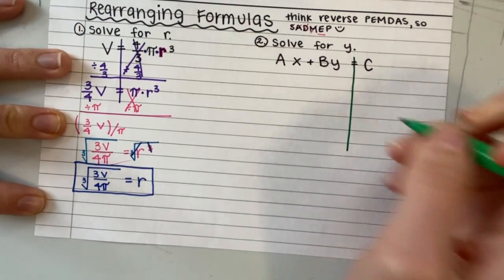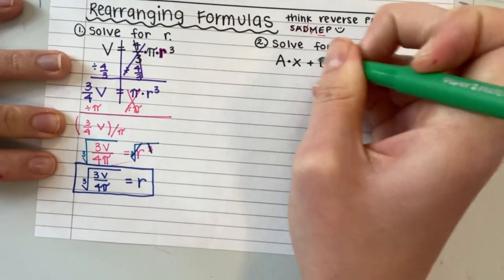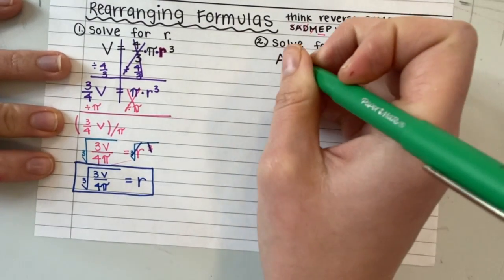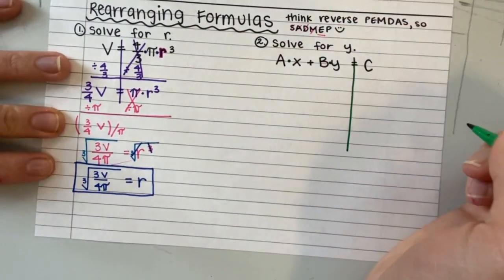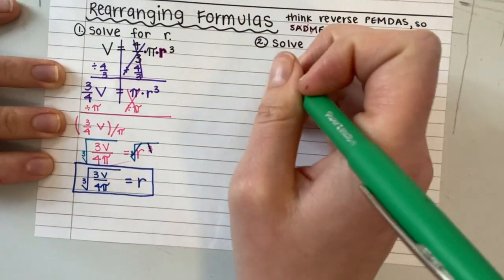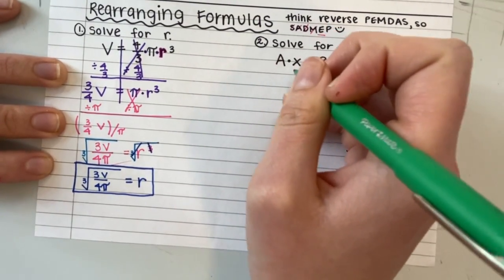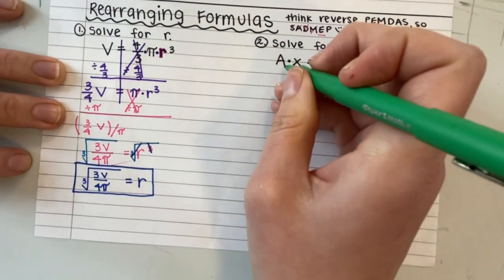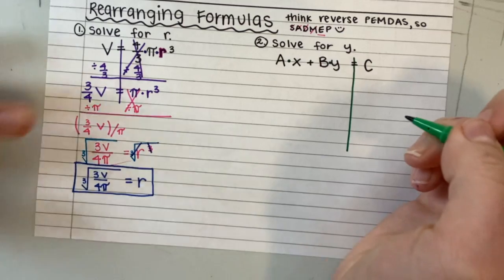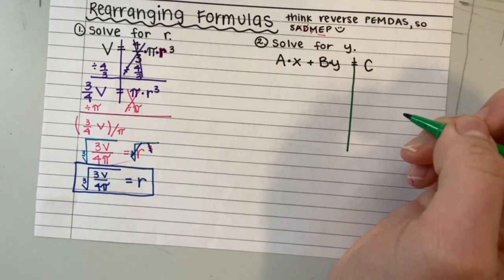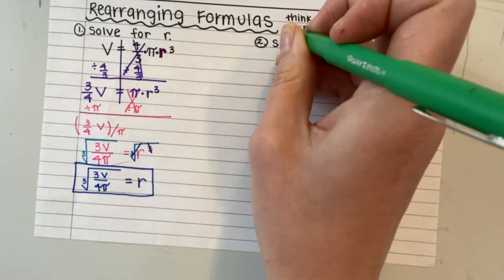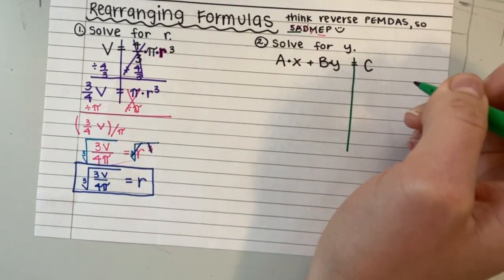And I'm going to identify where I see multiplication, because remember that if there is nothing between the letters or a coefficient in front of a variable, then I know that there is an invisible multiplication sign. So before I can do multiplication or division, I'm looking for addition and subtraction.